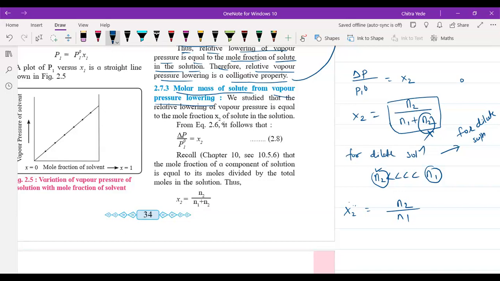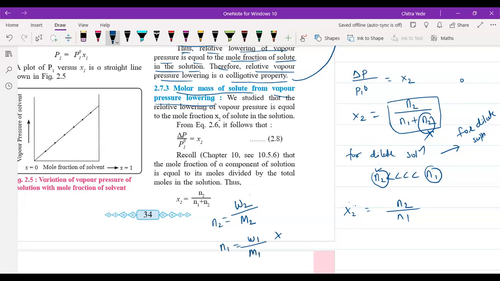Now, what is N2? N means the moles, and moles is mass divided by molar mass. So N2 is W2 divided by capital M2. Likewise for N1, we can write W1 divided by capital M1.